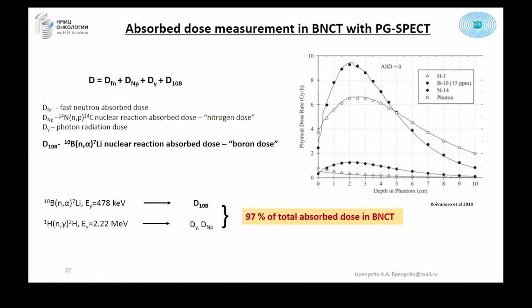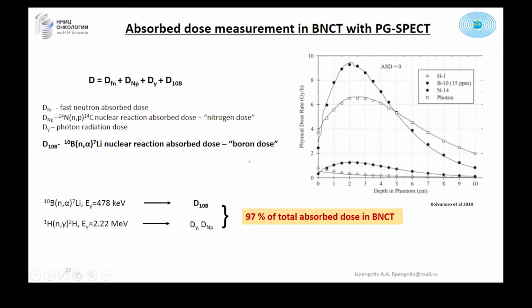Taking into account that these three components comprise about 97% of the total absorbed dose in BNCT, that is a unique opportunity for BNCT to measure absorbed dose within the patient directly and individually. So no phantom measurements, you can clearly detect what absorbed dose was delivered to these particular patients.